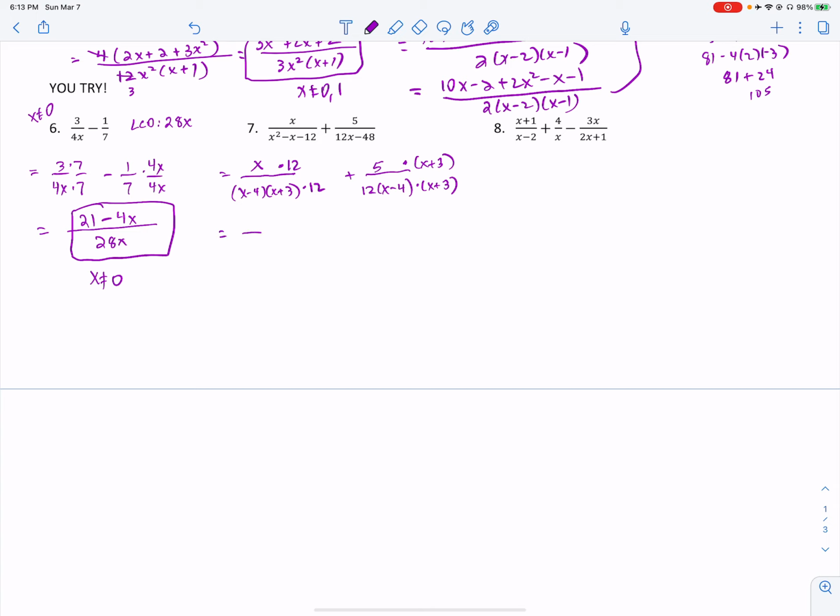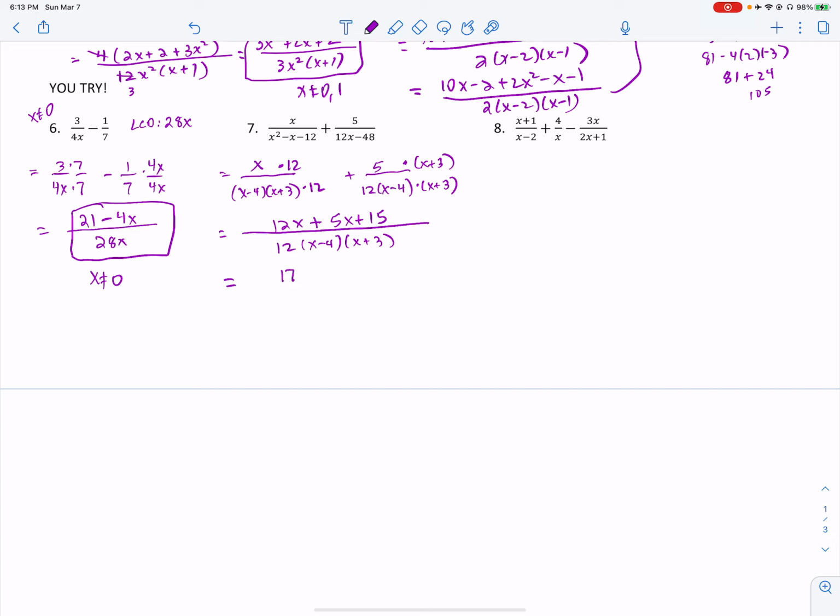And so our denominator is 12 times x minus 4 times x plus 3. And in the first fraction, we get a 12x when we multiply, and plus, distribute the 5x plus 15.